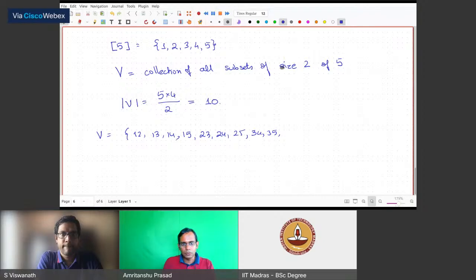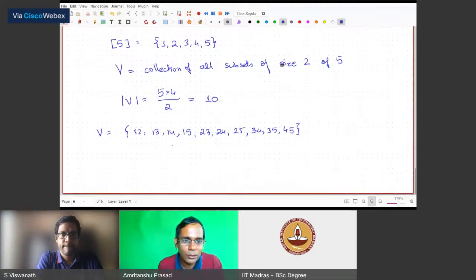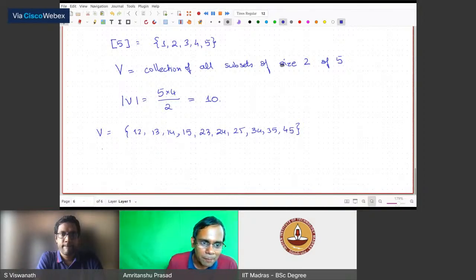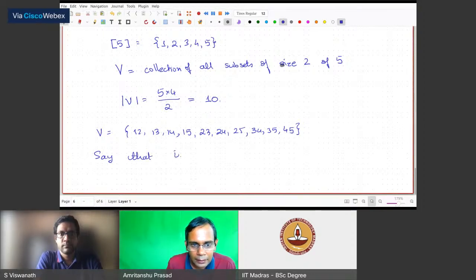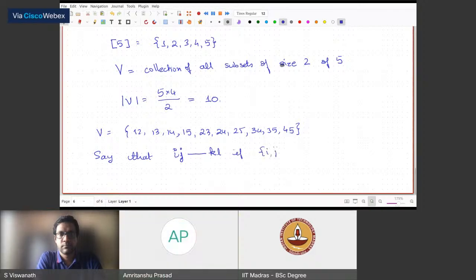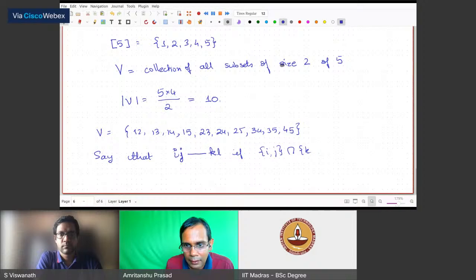So 1, 2, 3, 4, 5, 6, 7, 8, 9, and 10. Let's try to define an edge relation on this. So say that ij is connected by an edge to kl if the sets ij and kl are disjoint.